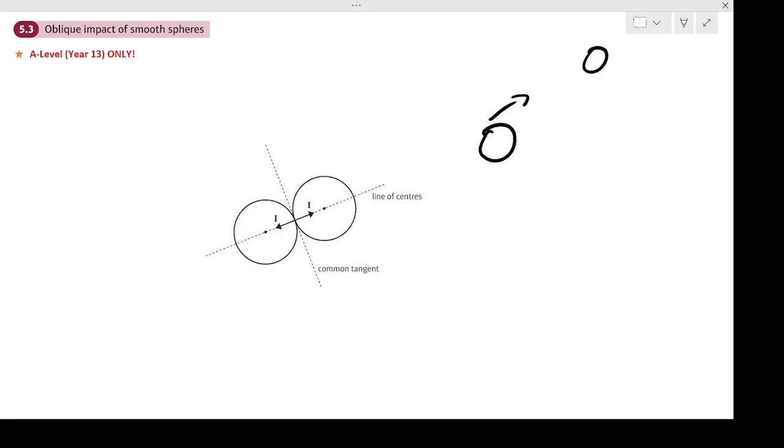They're going to move towards each other like that, and then they're going to get even closer, and eventually they're just going to collide. Then they're going to separate, so after they collide, they're going to move like that, and then they're going to go like that. That is generally the gist. I hope you can see that.